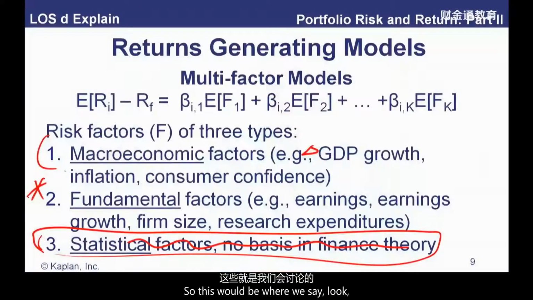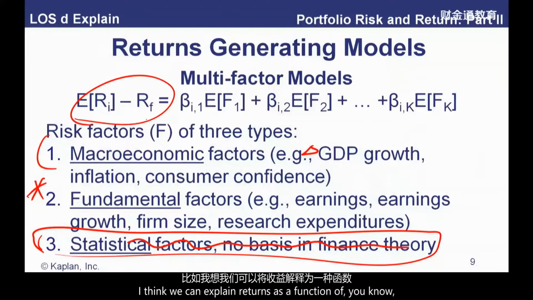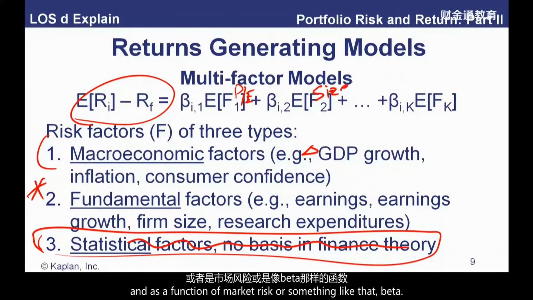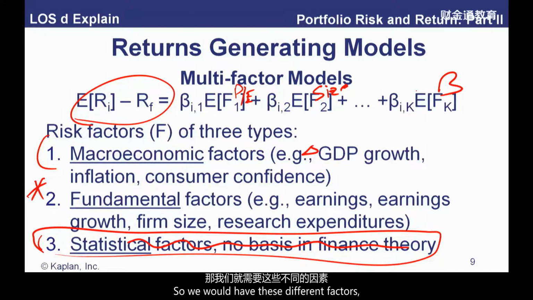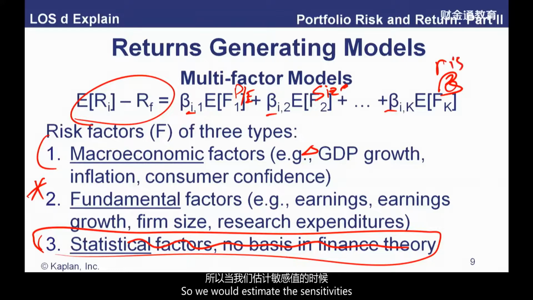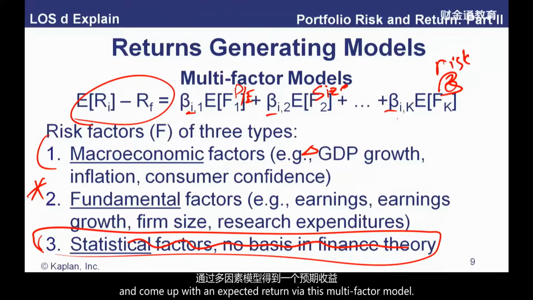So this would be where we'd say, look, I think we can explain returns as a function of the firm's PEs, as a function of size, and as a function of market risk, or something like that. So we would have these different factors. We would estimate sensitivities, and then we would be able to plug into this and come up with an expected return via this multi-factor model.